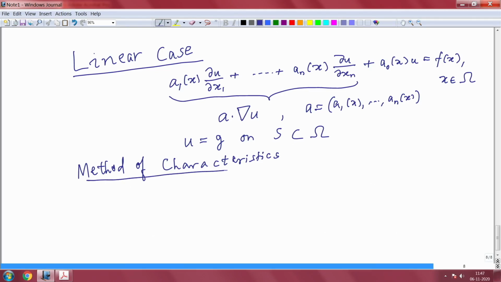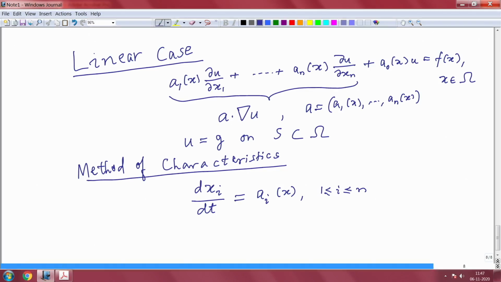So, the characteristics in the simplest case, just compare this with the two variable case. So, here there are t the parameter on the characteristics, a i x, with one less than or equal to i less than or equal to n.